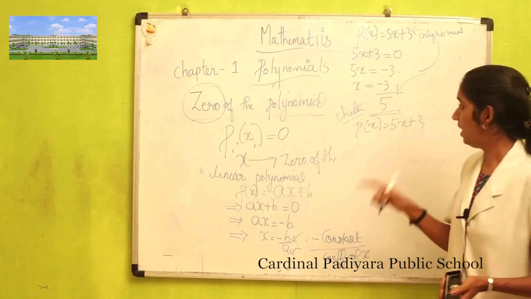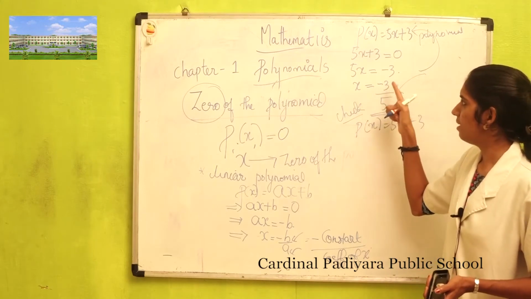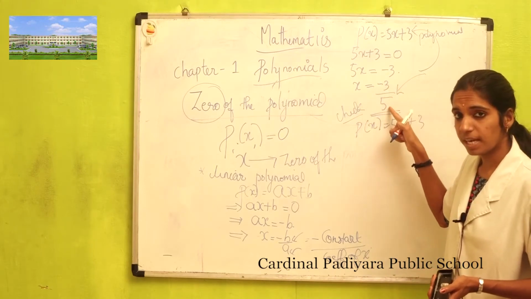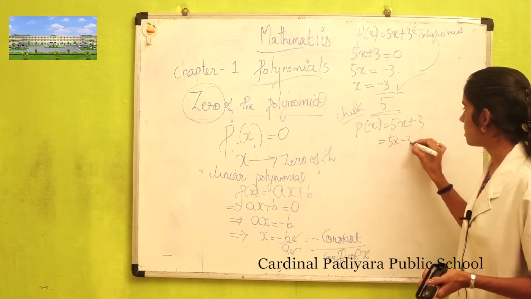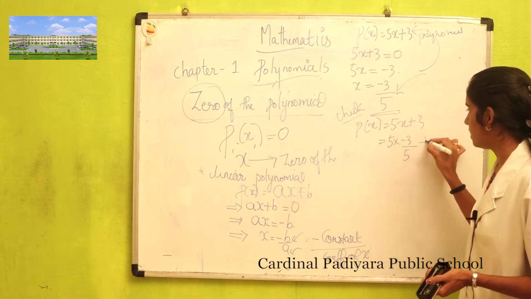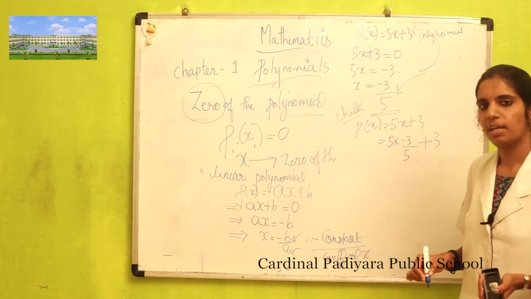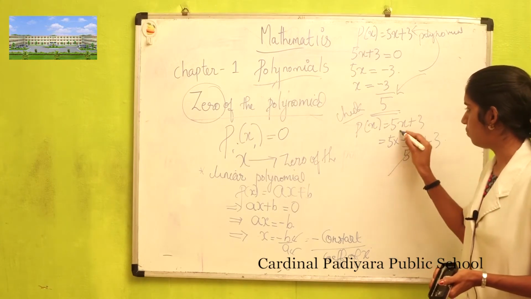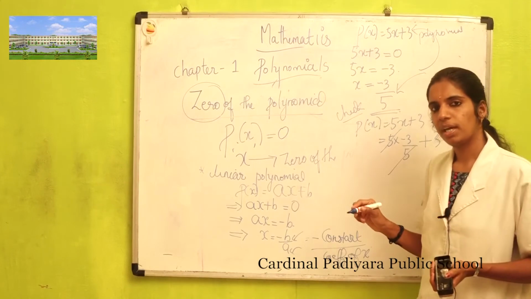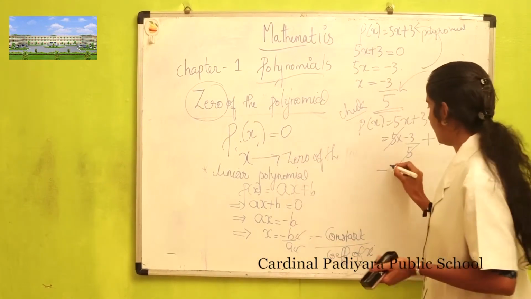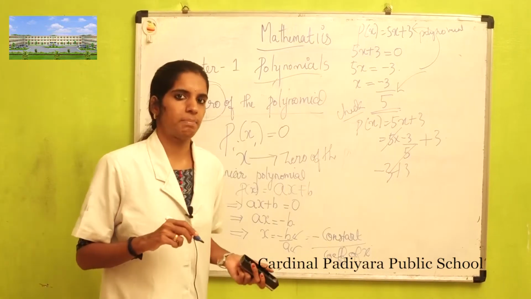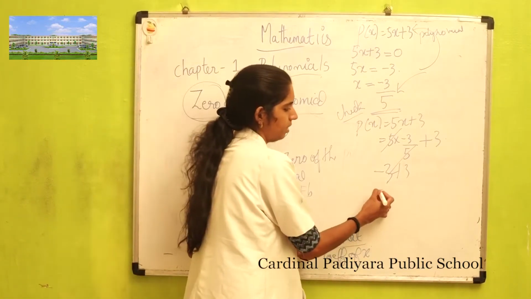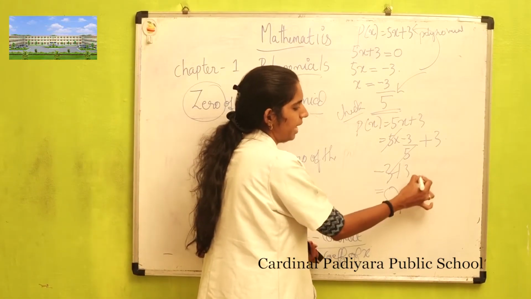Here we get the value of x as minus 3 by 5. So I substitute 5 into minus 3 by 5 plus 3. Cancelling these two 5's, it becomes minus 3 plus 3, right? What's the value of minus 3 plus 3? It becomes 0. So this is the actual meaning.